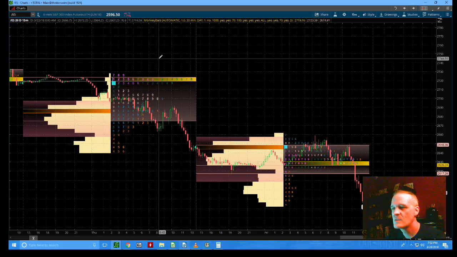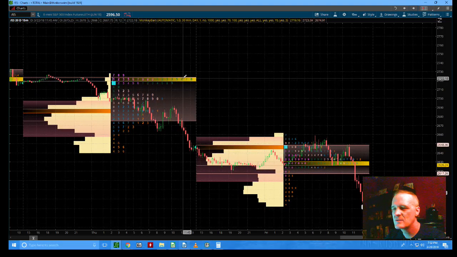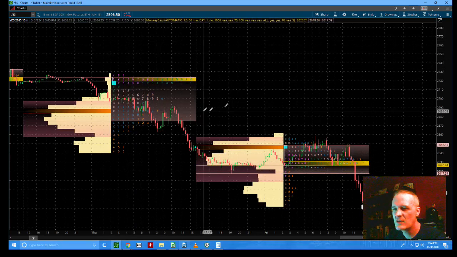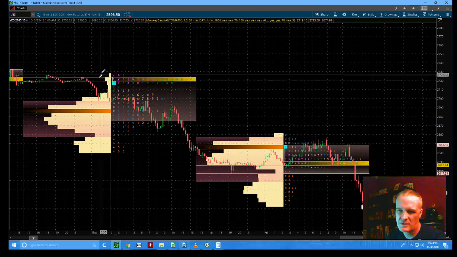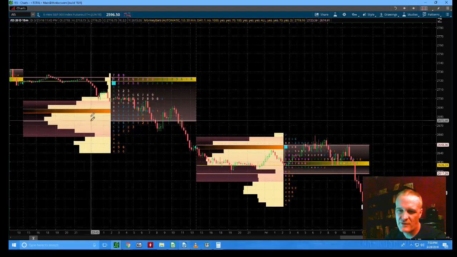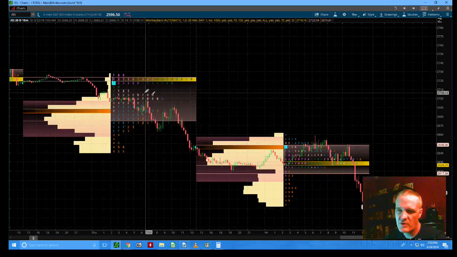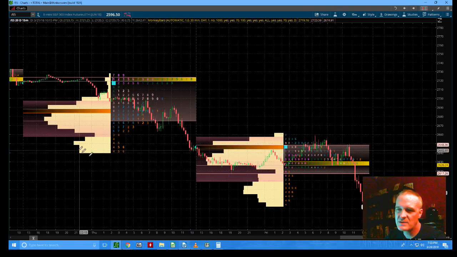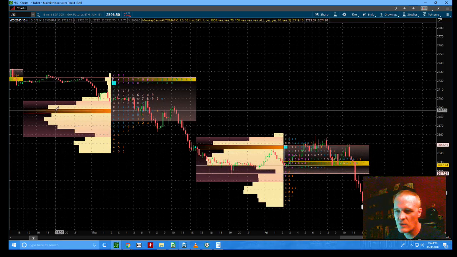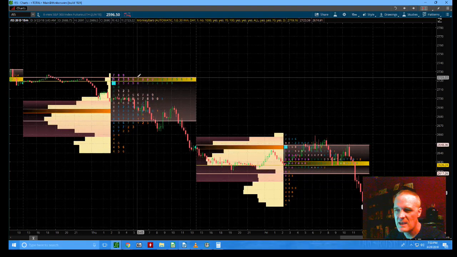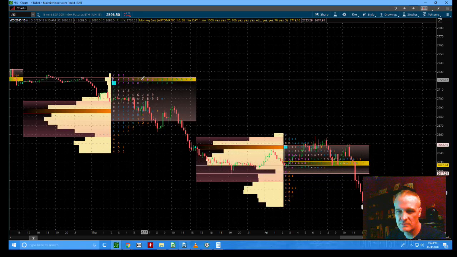Okay? This particular indicator right now is defined to also have the volume. So this is the volume profile superimposed right next to it. Sometimes you'll see, in fact, oftentimes you'll see a disparity between where the volume point of control is and the time point of control. All right?